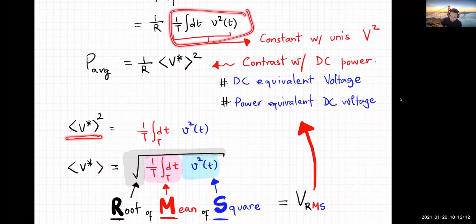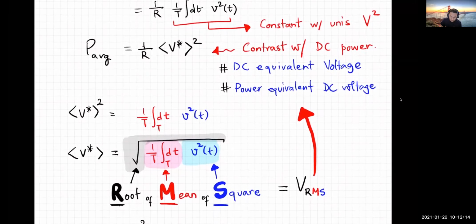If we take it a little bit further, you can see that this voltage squared is equal to this integral, and if you take the square root, you get the root of the mean of the square of the voltage. That's what we mean by root mean square voltage. The root mean square voltage is the term that describes this operation, but why it's significant is because this number gives you a power equivalent DC voltage for that time varying signal.